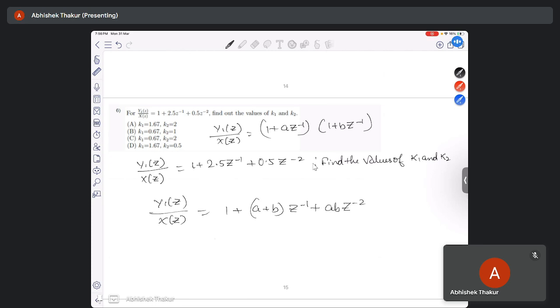So here ab is equal to 0.5 and a plus b is equal to 2.5. So a is equal to say 1 by 2, b is equal to 2a. So now when we substitute, 3a is equal to 2.5. So we will get a is equal to 2.5 by 3 and b is equal to 5 by 3.